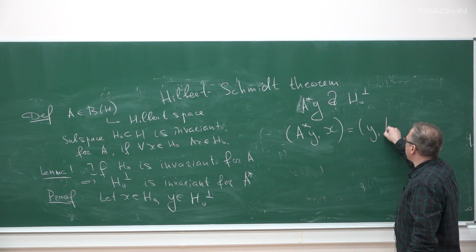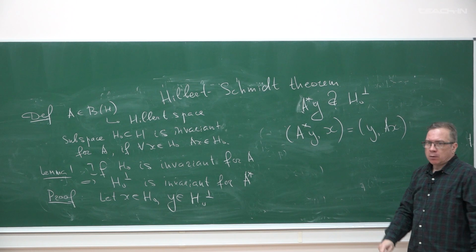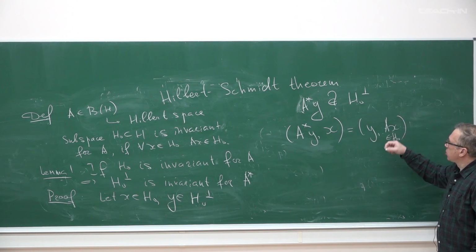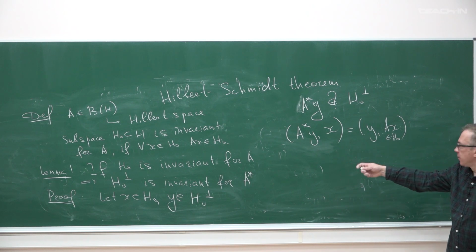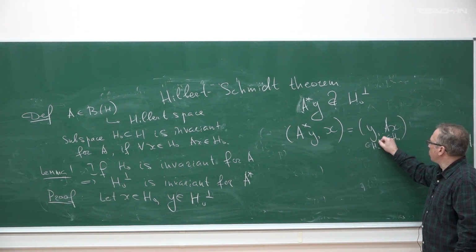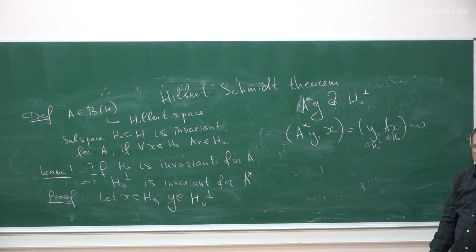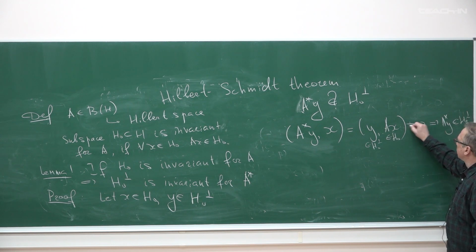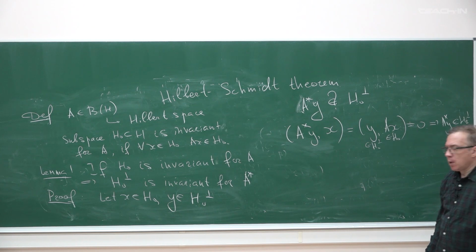By the definition of the adjoint operator, we know this equality. This is from H0 because it is invariant, and this is from H0 orthogonal. So it is 0. That's all. So A star y lies in H0 orthogonal. Good.